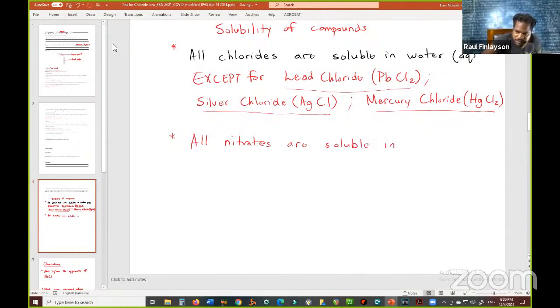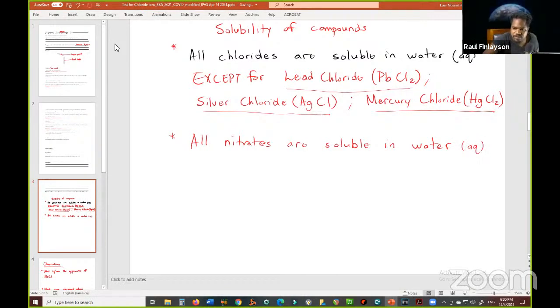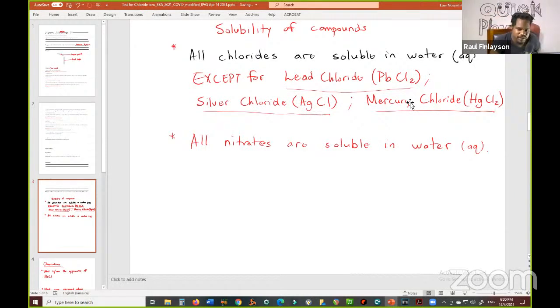There are no exceptions. All nitrates are soluble in water. All nitrates are aqueous. End of discussion. Doesn't matter what comes before the nitrate. It could even be silver nitrate, lead nitrate, mercury nitrate, if that exists. Anything ending with a nitrate is soluble.